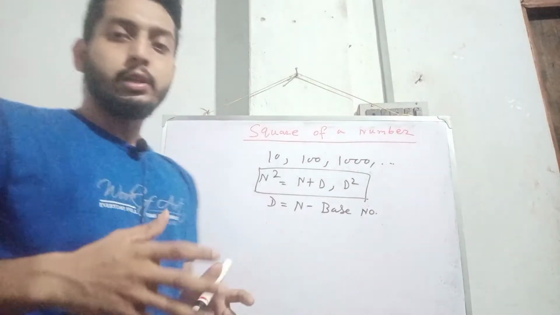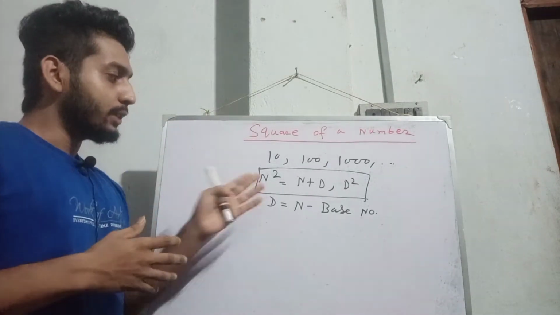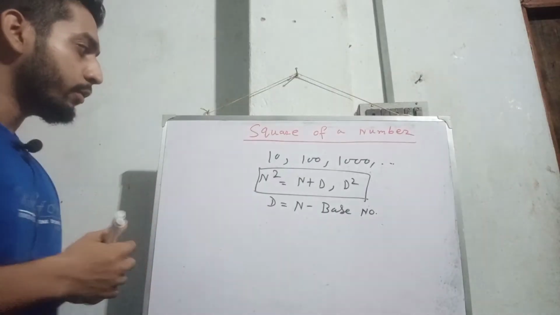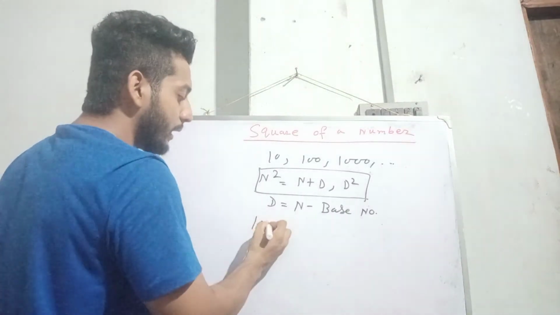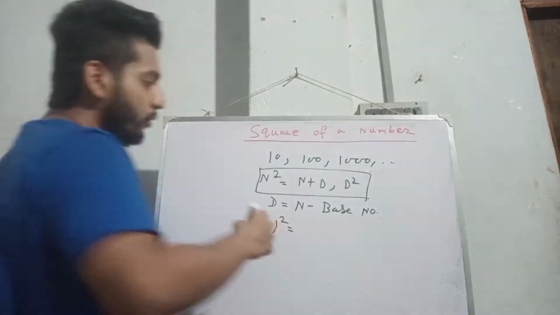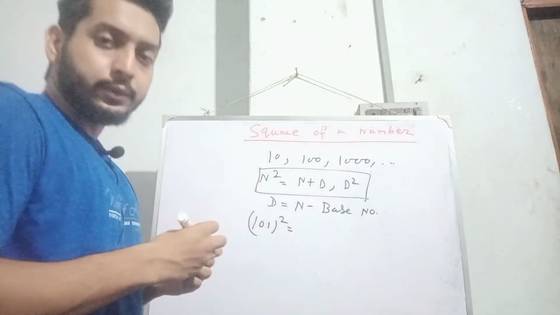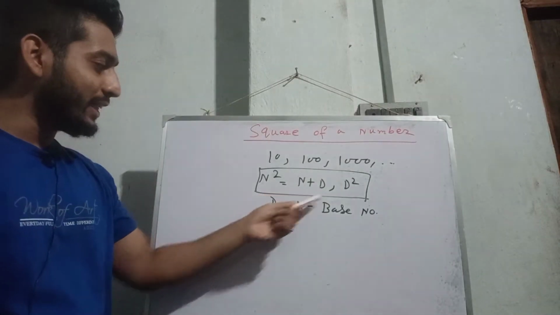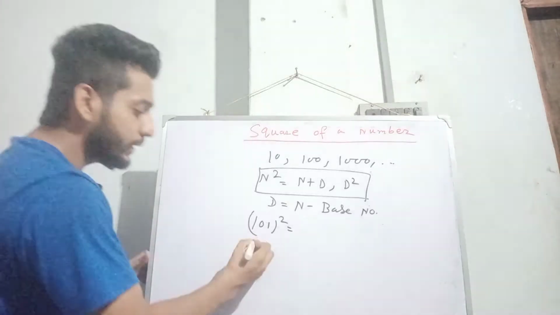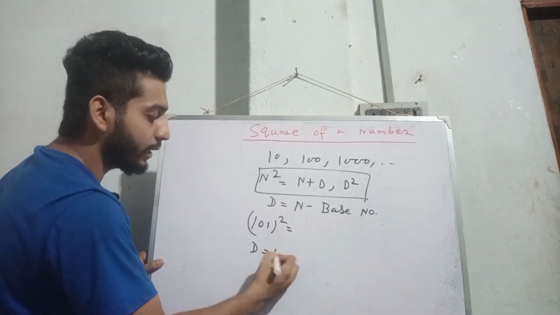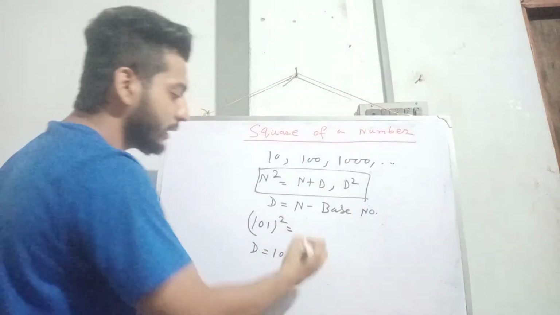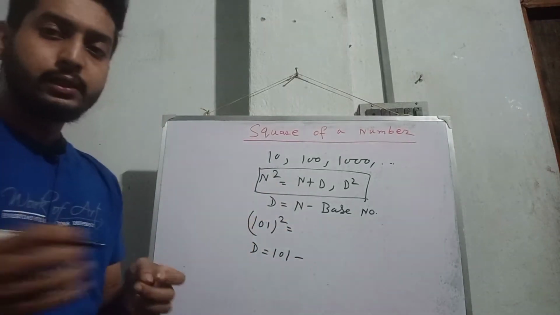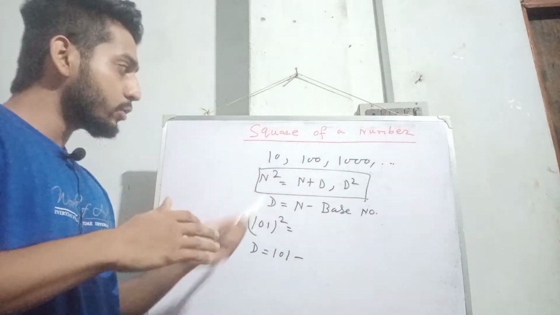Now I will show you some examples to find the square of this type of numbers. For example, 101 square. So how to find 101 square? First of all we need to find D. D equals n, n means 101, minus the base number. Here the base number is 100 because it is nearest to 100.